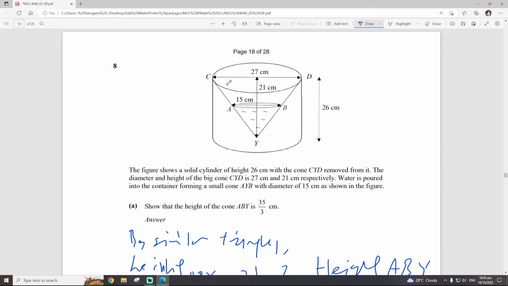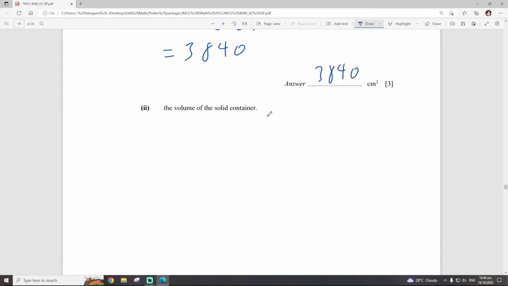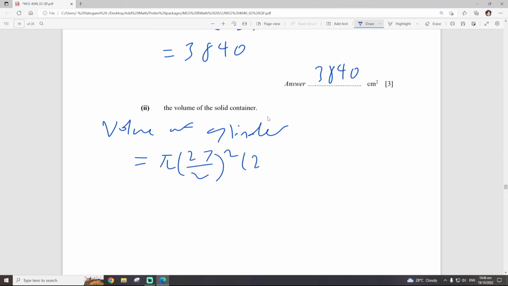So volume of cylinder is pi times 27 over 2 squared times 26, which is 9477 over 2 pi.